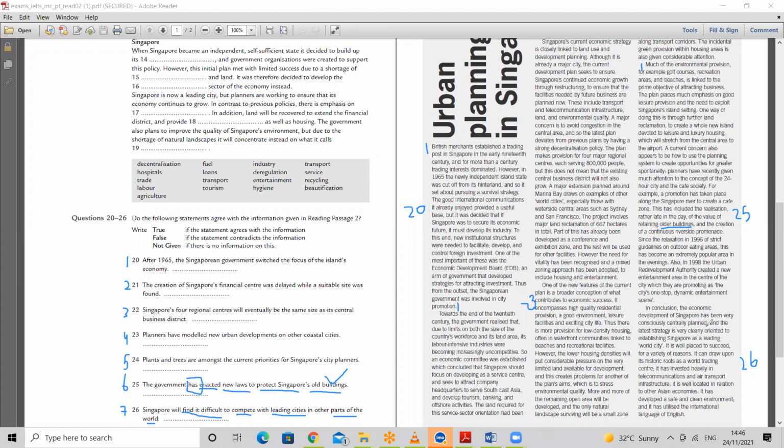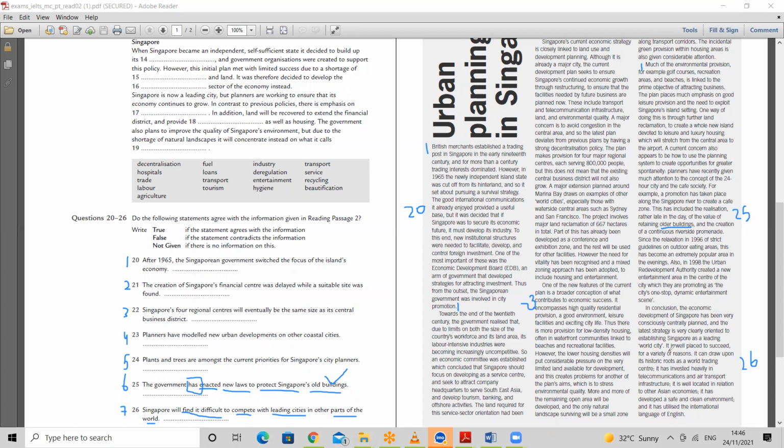So the economic development of Singapore has been very carefully planned, centrally planned. And the latest strategy is very clearly oriented to establishing Singapore as a leading world city.